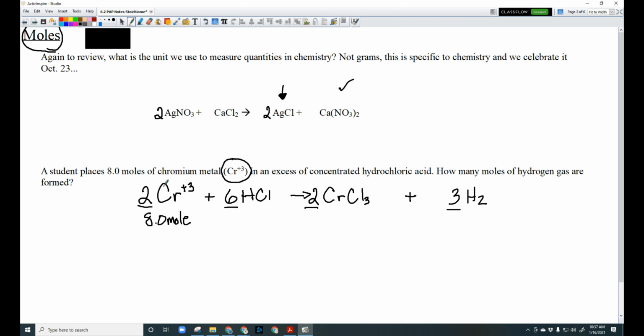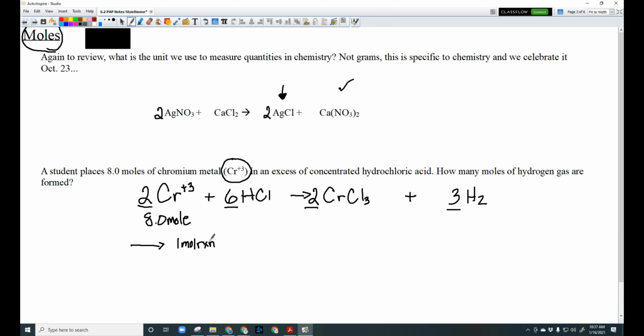Let's go back to our question. We have 8 moles of chromium metal. Each time we go through this reaction, it's called 1 mole of reaction. RXN is the abbreviation for reaction. So going through this reaction one time is called 1 mole of reaction. In 1 mole of reaction, how many moles of chromium does it take? 2.